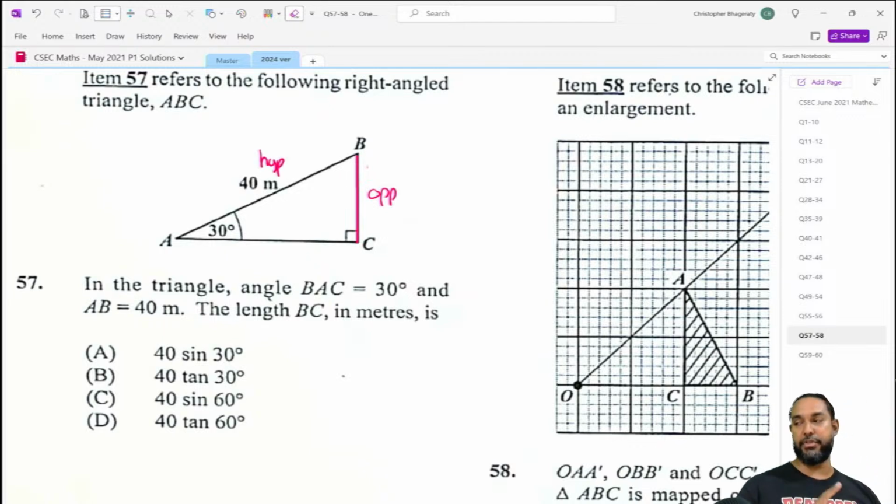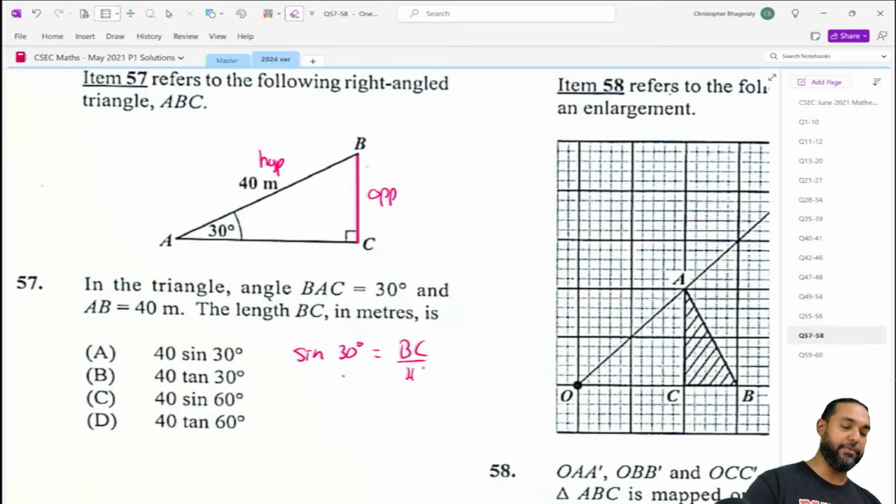Which trig ratio uses opposite and hypotenuse? Sine. Sine of 30 is equal to BC opposite over 40 hypotenuse. To solve for BC, we need to clear out the denominator, so we simply multiply throughout the equation by said denominator. So BC equals 40 sine 30. That is option A.